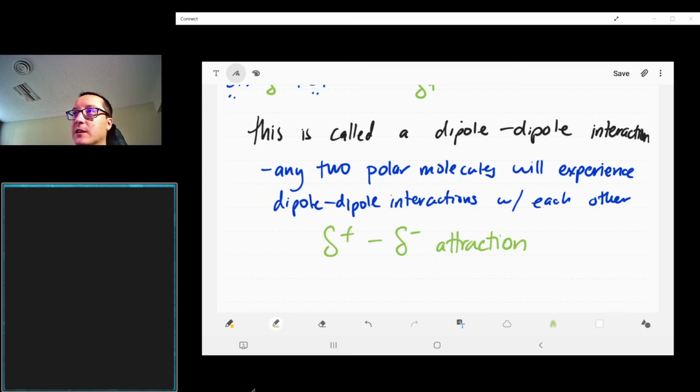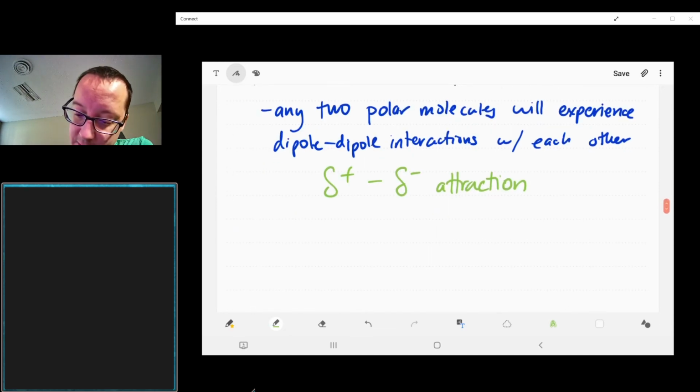Any questions on that one? So just so you know, this stuff is going to apply to polar compounds only. All right. Alrighty then, in that case, let's go to our next one if there's no questions.